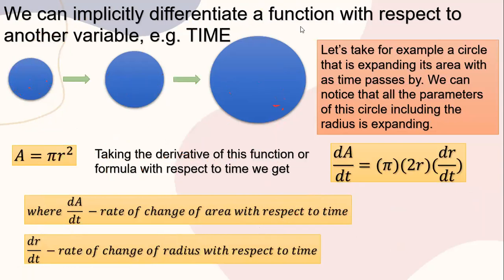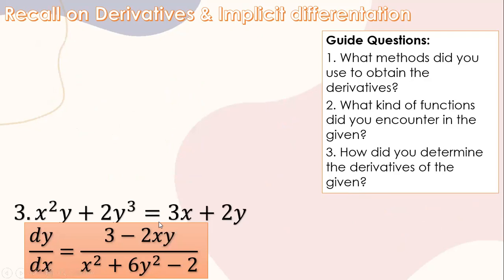So we can implicitly differentiate a function with respect to another variable. So for example, time. Okay, so kung kanina nag-differentiate tayo with respect to x, di ba? Kapag nagdi-differentiate tayo with respect to x, okay, for example, x squared. So differentiate natin with respect to x.